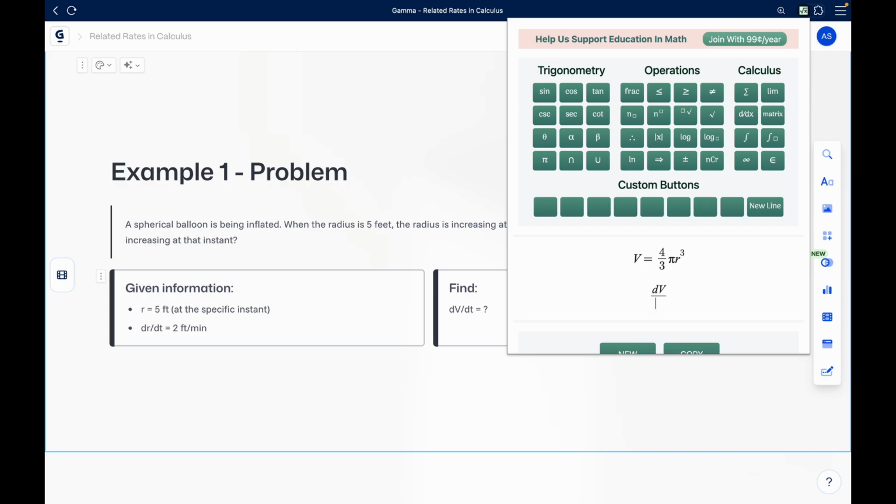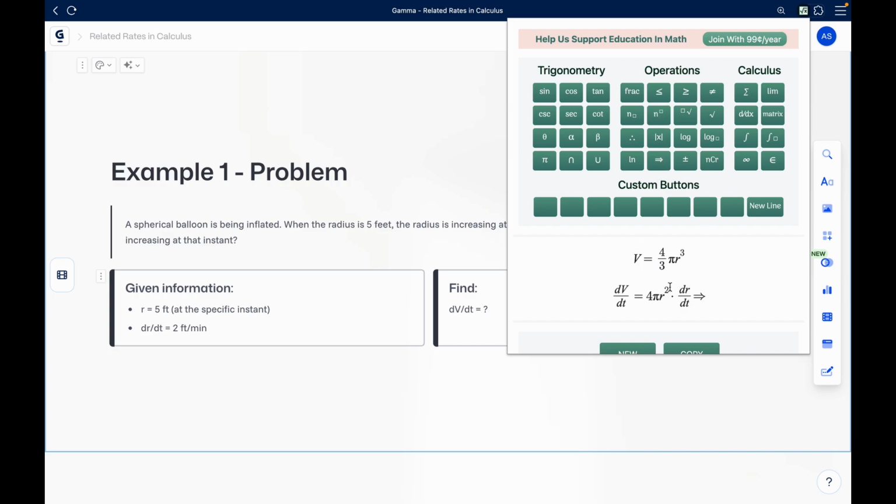So we have dV/dt is equal to 4/3 multiplied by 3, which will just be 4 pi multiplied by r squared for the power rule, then multiplied by the derivative of r with respect to t, so dr/dt, and that's pretty much the chain rule, a sort of implicit differentiation.